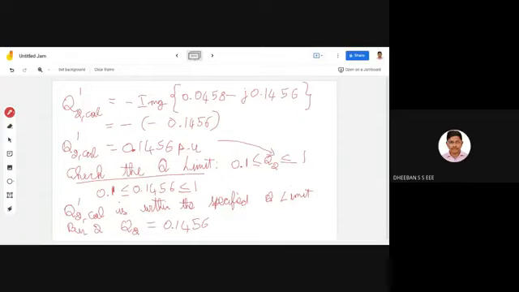So I hope you are clear with respect to the Q limit. In some problems, the Q limit won't be satisfied. If the Q limit is not satisfied, I have already given the algorithm for what to do.